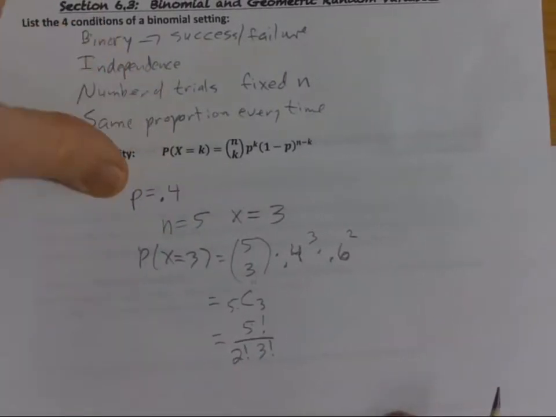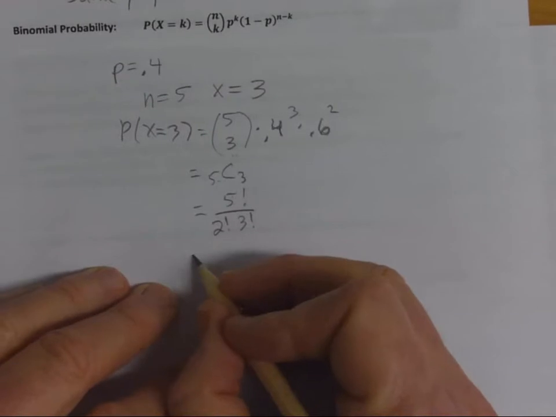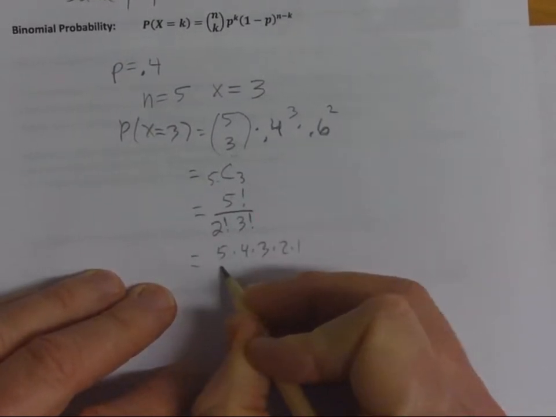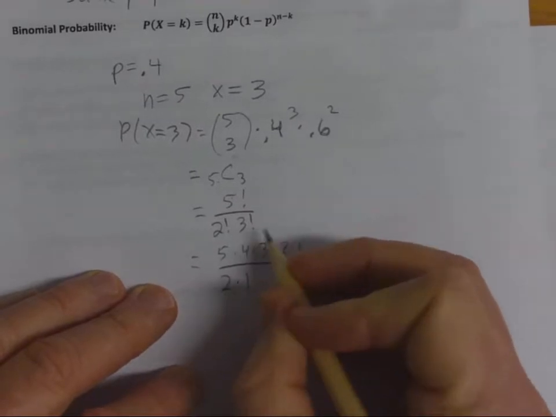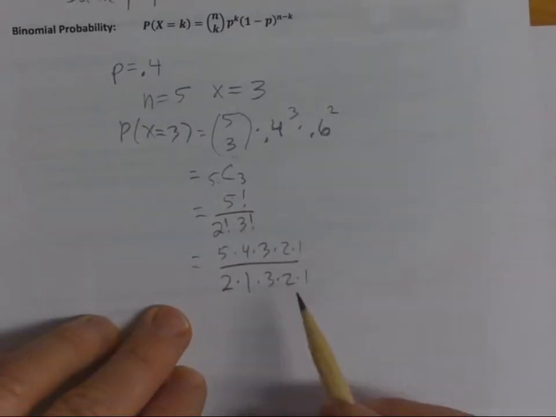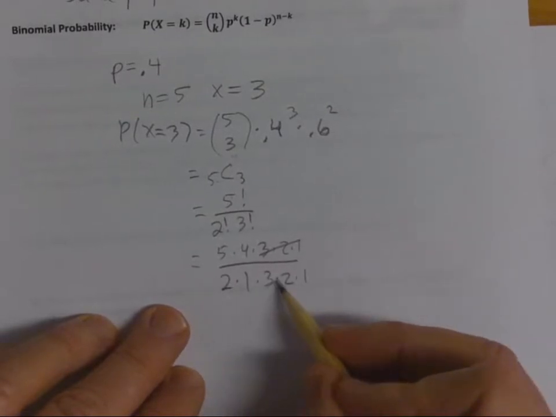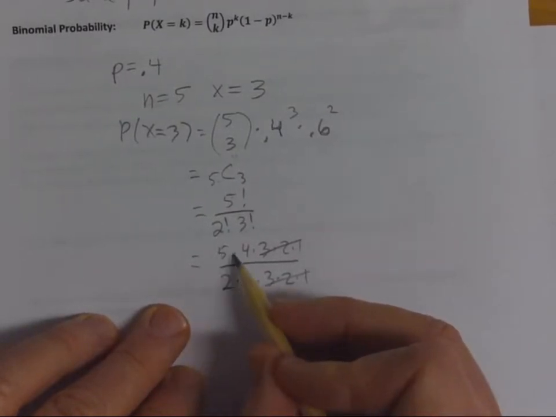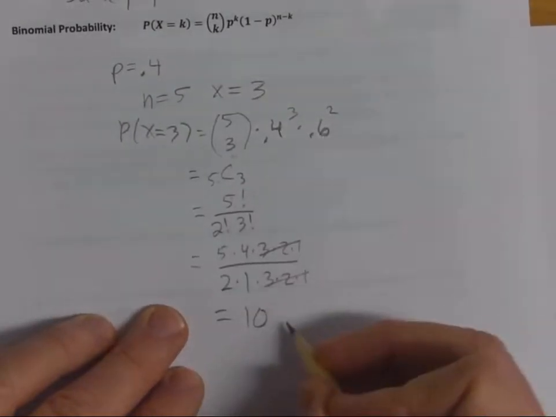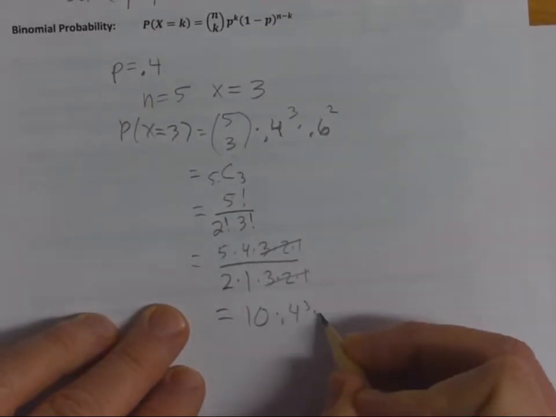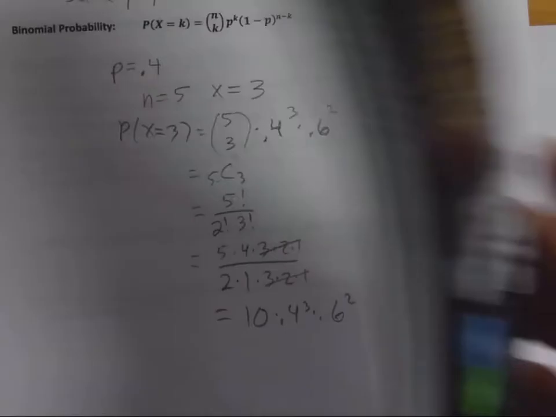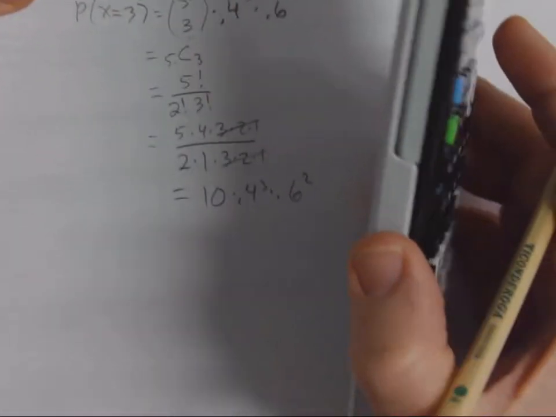If we were to do this by hand, that's going to be 5 times 4 times 3 times 2 times 1, over 2 factorial, which is 2 times 1, and then 3 factorial, which is 3 times 2 times 1. Well, we can cancel things out: 3 times 2 times 1, 3 times 2 times 1. And then 5 times 4 is 20, and then 20 divided by 2 is 10. So that's 10, and then the rest of this will be 0.4 to the third power times 0.6 to the second power. And so let's find what this particular thing is.